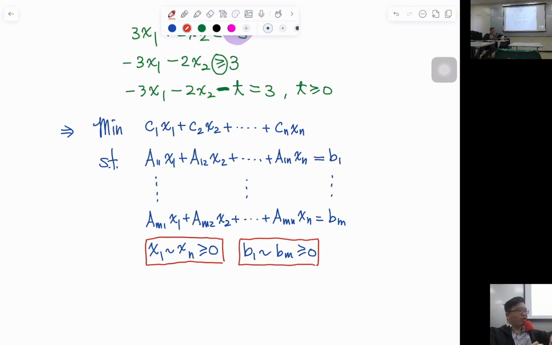If you end up with a format that doesn't follow the sign right here, then LP doesn't solve it. So you must do something else to convert your equation into this form.